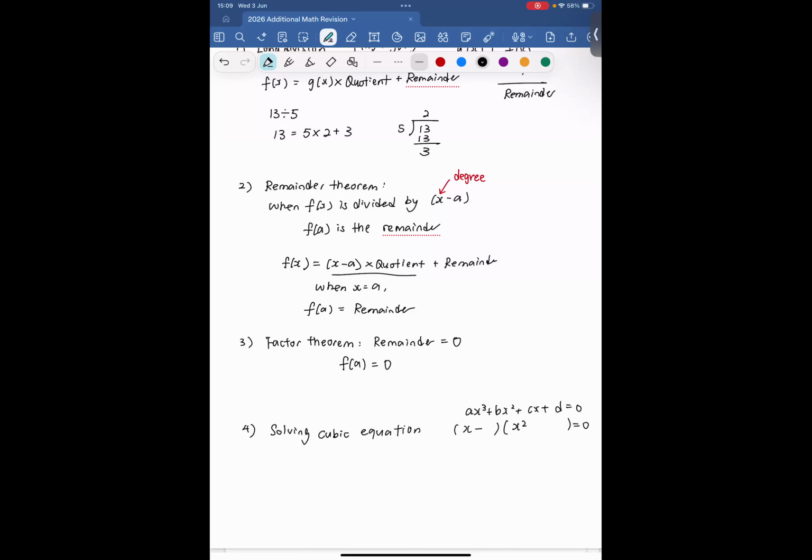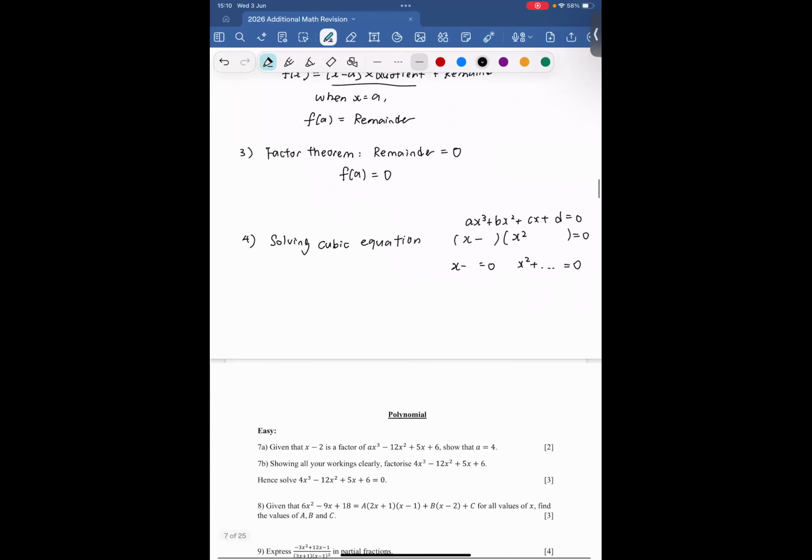So what you're going to try and do is you break the cubic into a linear and a quadratic. Then you can solve them separately. Linear equation, quadratic equation. Okay, of course you will guess the first answer first. Then after that, you will do your long division to get the other factor.